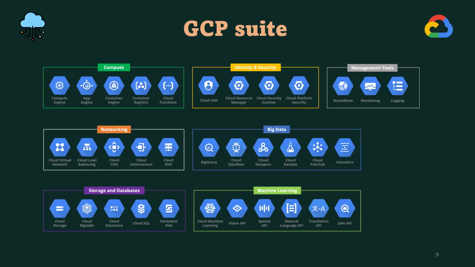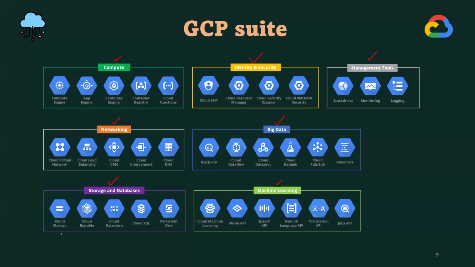Google Cloud Platform is offering plenty of services like compute services, identity and security services, management tools, networking services, big data services, storage and database services, and machine learning services.